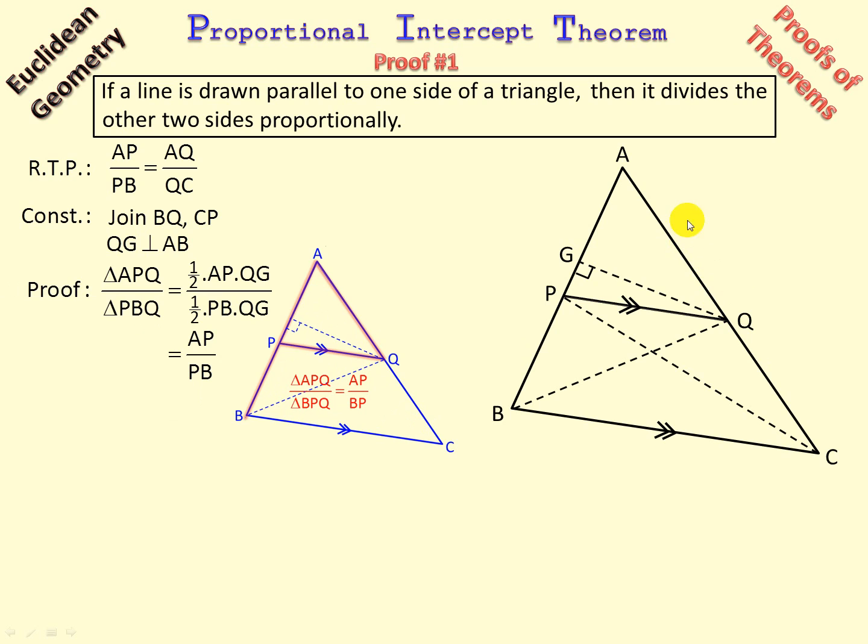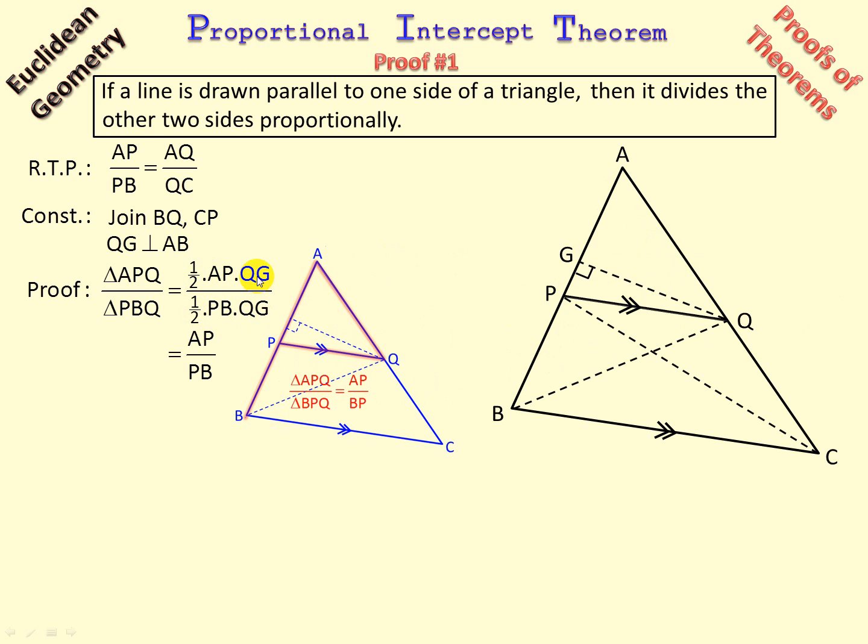Triangle ABP, triangle APQ, triangle APQ and triangle PBQ. There's the diagram, those two triangles: this one equals half AP times QG, and this one is half PB times QG.